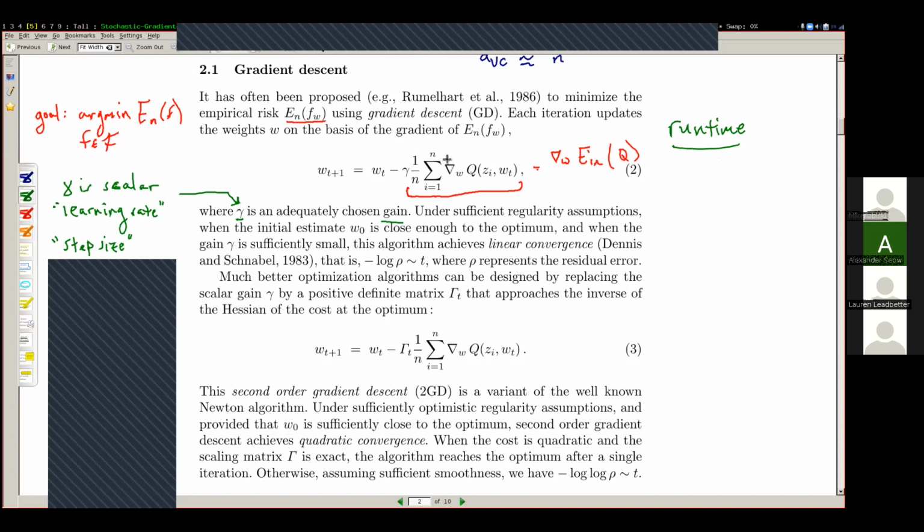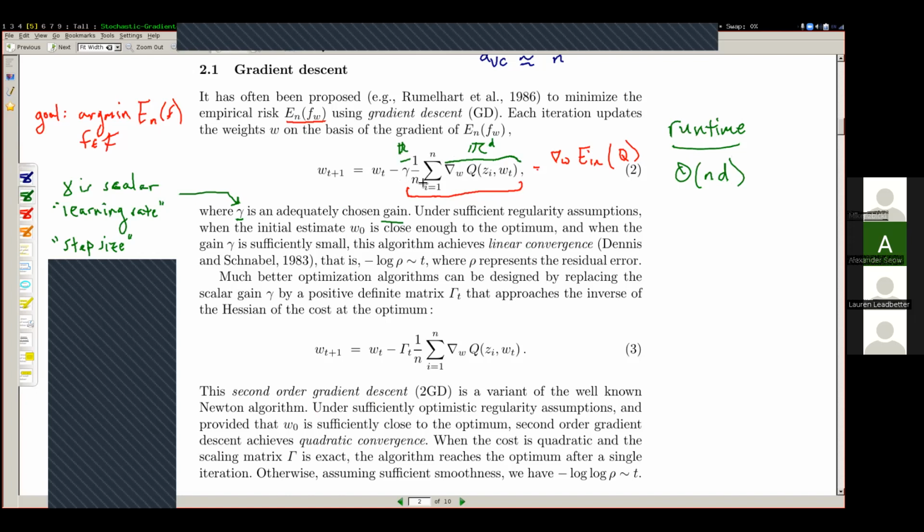We know that, again, this thing over here, the shape is R to the D. This thing over here is a scalar. So we have a scalar multiplication, vector sums, and then a vector subtraction over here. And if you work all that out, the runtime is going to be theta of n times d.